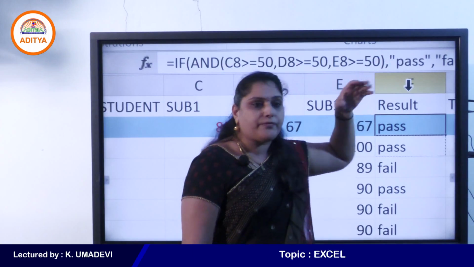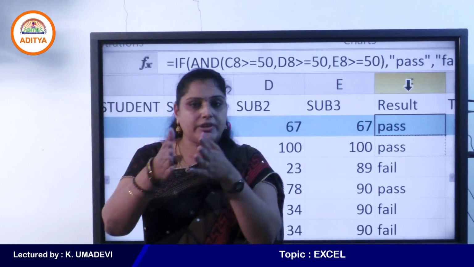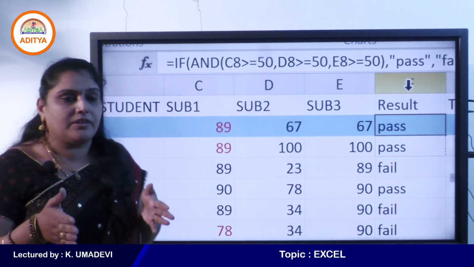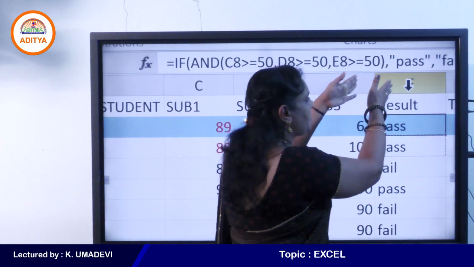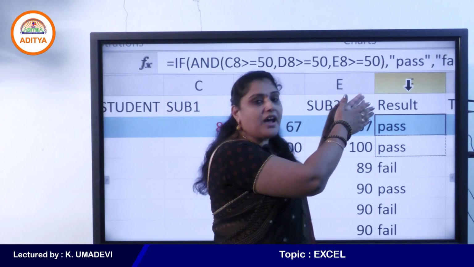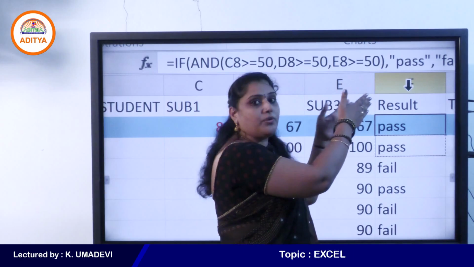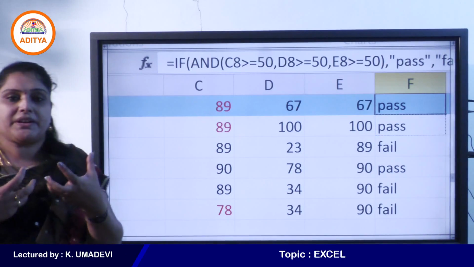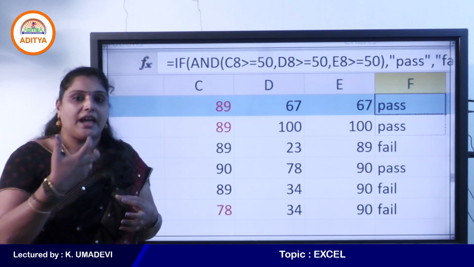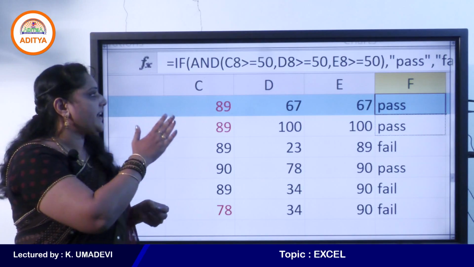What is the syntax of IF? IF logical test, value if true, value if false. If this function returns true, then it returns the true value, that is pass. Otherwise it returns the value fail. Clear? So like this we can check multiple conditions at a time by using AND or OR function inside IF function.